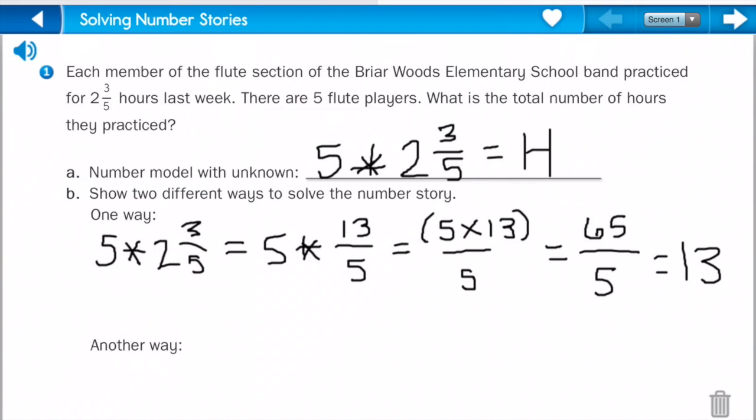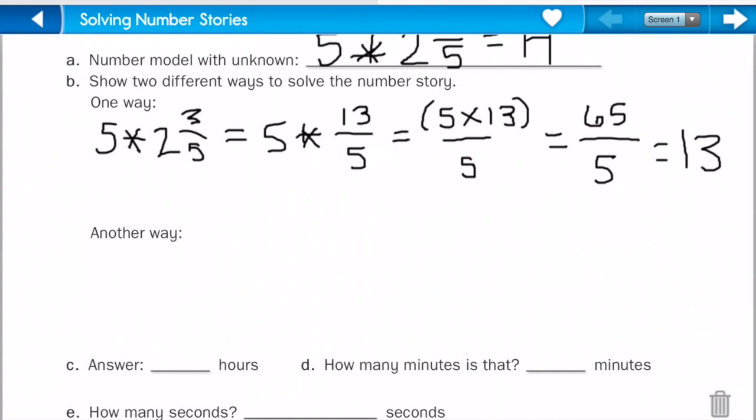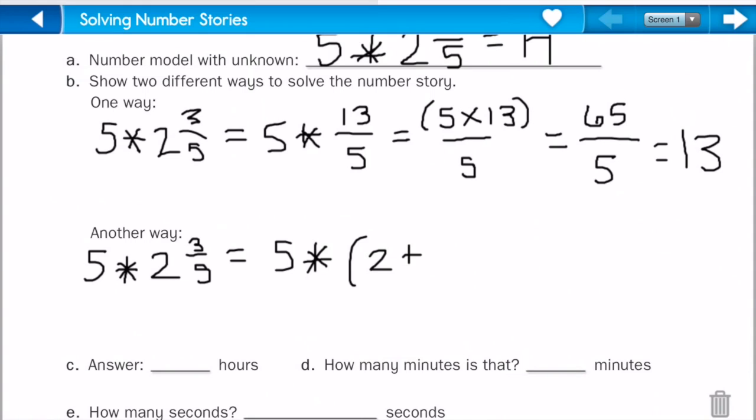The second way we can do it is we can take 5 times 2 3/5, and we can separate that out. So we can take 5 times 2 plus 3/5, okay?